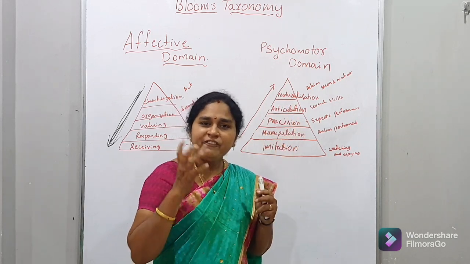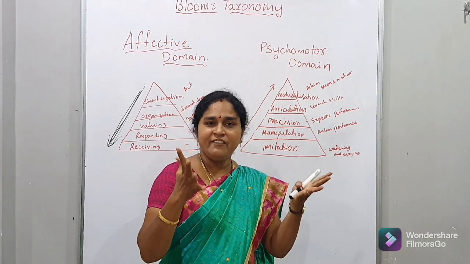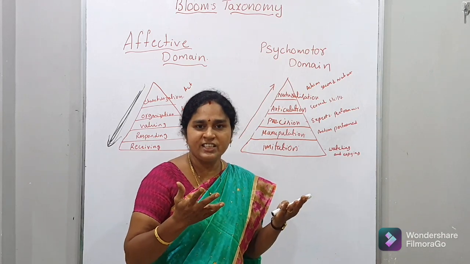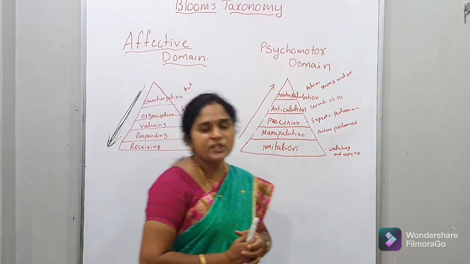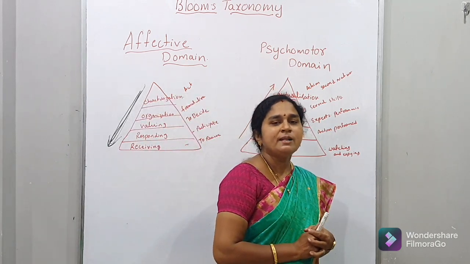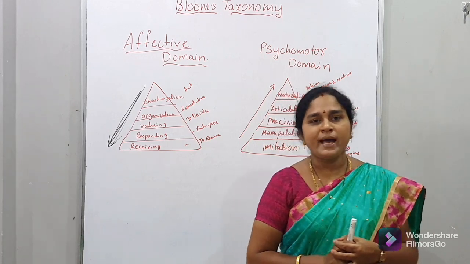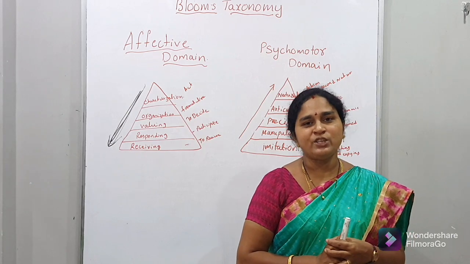That's why it is the H for hand; we take action and do such things in the psychomotor domain. These are Bloom's taxonomy: the three aspects of the cognitive domain, affective domain and psychomotor domain. Thank you one and all.